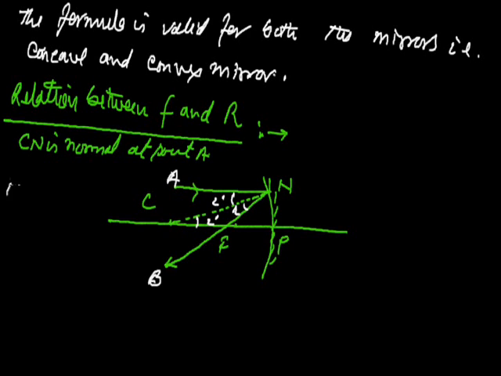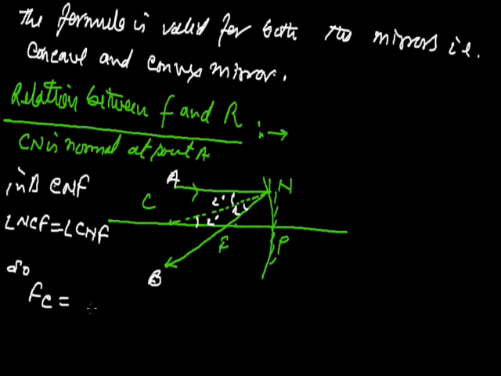So in triangle CNF, angle NCF is equal to angle CNF. So sides will be the same. FC will be equal to FN.